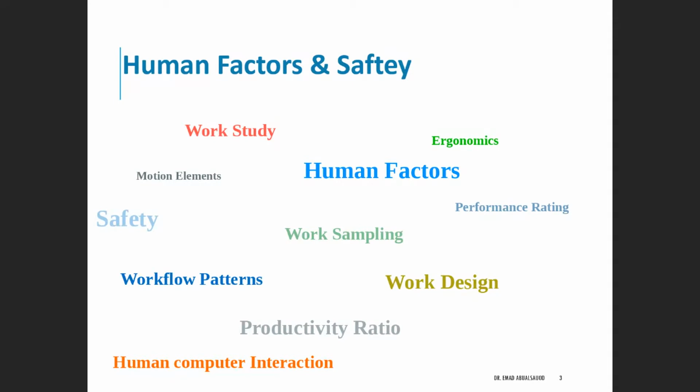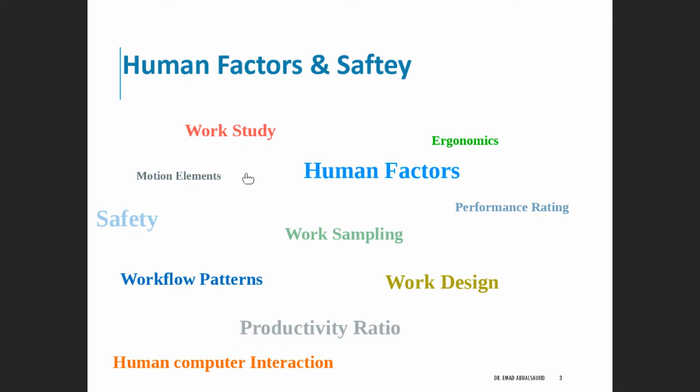Some of those methods or techniques that we cover under this area are work study, which is very common. Ergonomics and human factors always come together. Motion elements, safety, work sampling, performance rating, work design, productivity ratio, workflow patterns, human-computer interaction, HCI.